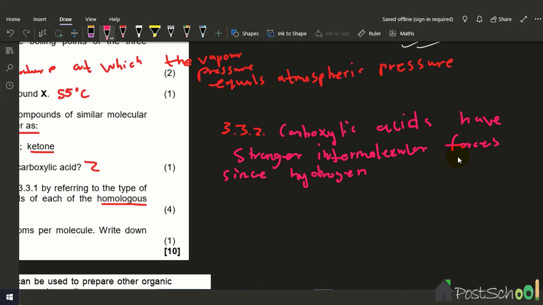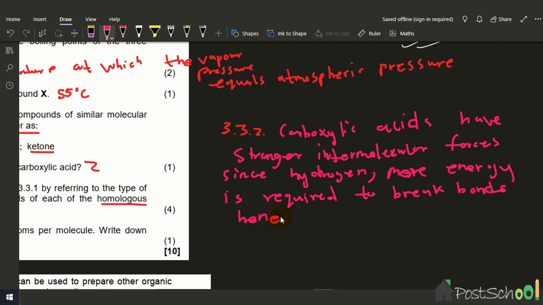It's the hydrogen bonds, and if there are stronger intermolecular forces, that means more energy is required to break the bonds, and then you get, hence, the highest boiling point with less vapor pressure.